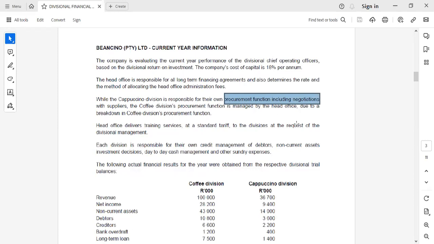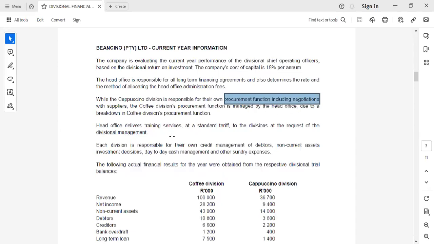So what is the implication? When we deal with coffee, we should remember that any procurement related costs and revenues and the assets and liabilities should not be taken into account. Everything to do with procurement should not be included when we deal with coffee. But when we deal with cappuccino, we'll have to include them.